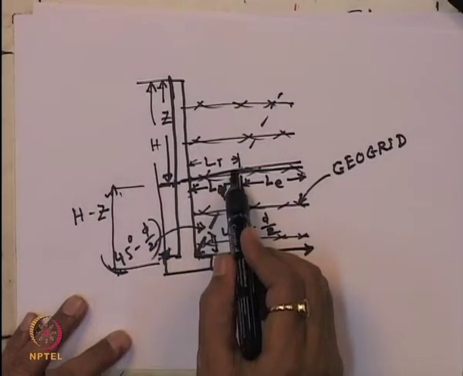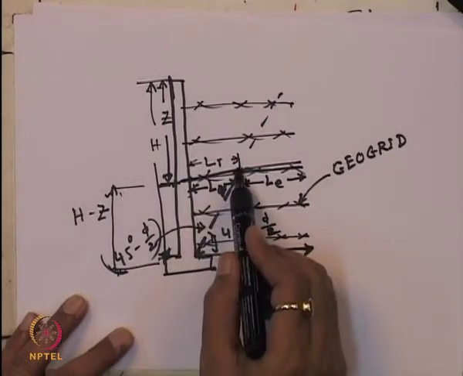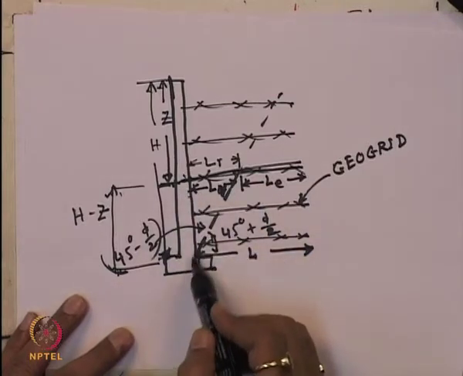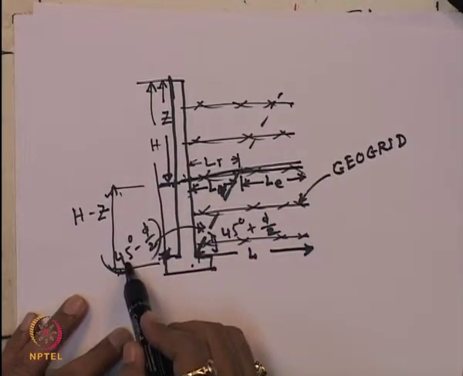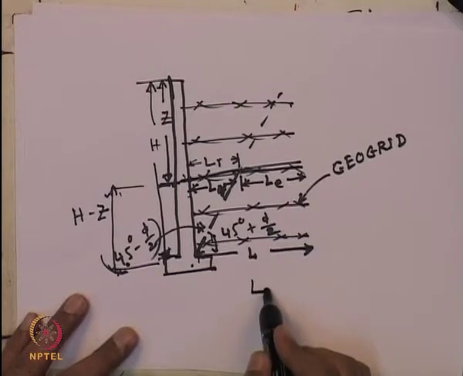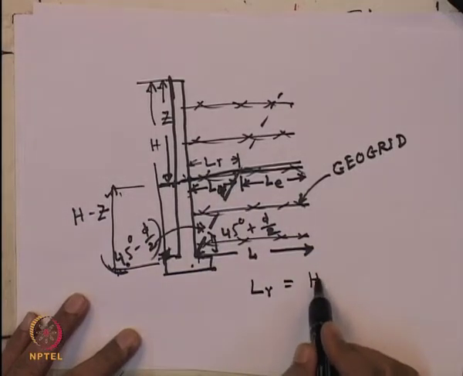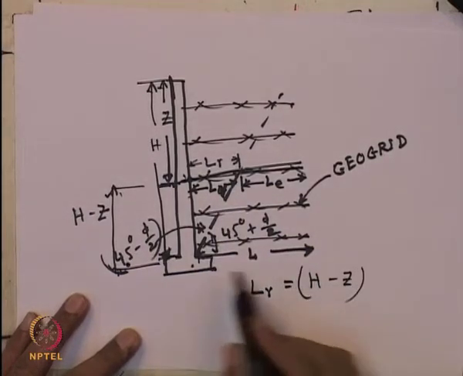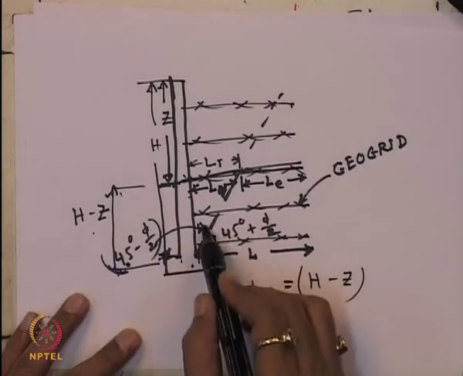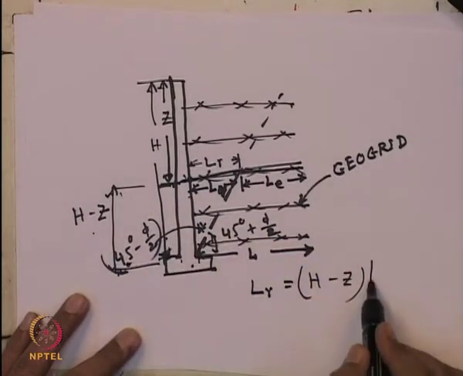So L of R will be equal to h minus z into tan of 45 degree minus phi by 2. So you can write L of R equals h minus z into tan of 45 degree minus phi by 2.